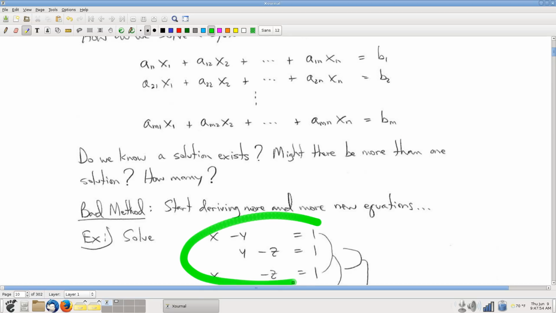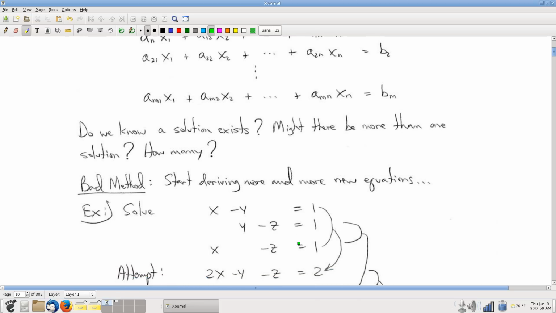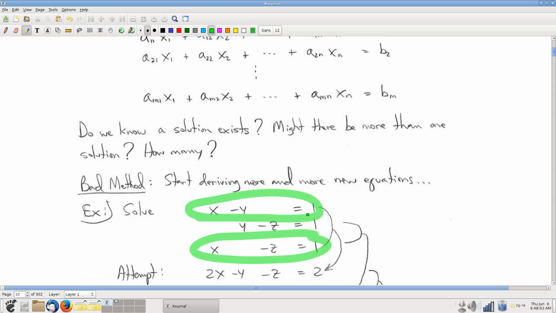Being asked to solve this system, the idea was that you take two of the equations and you combine them in some way or another to get a new equation. Now you'll notice what I've done here is I've added those two green circled equations. And that gives me this now fourth equation.